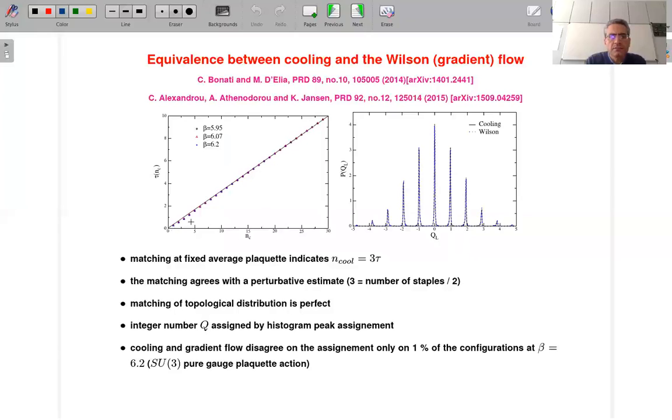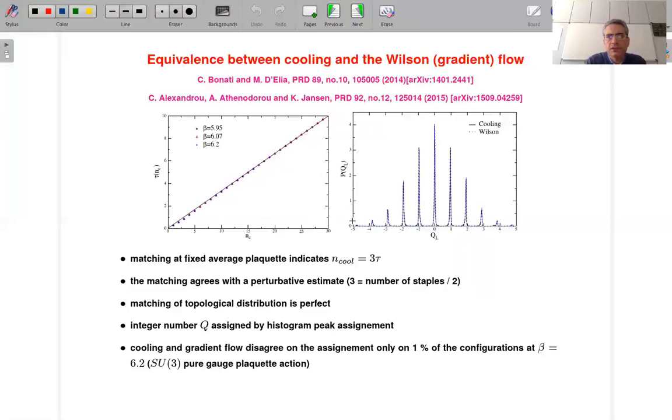First of all, you have to match how the number of cooling sweeps, the local minimization steps that you perform by cooling, correspond to the flow time in the gradient flow. And once you have done that, you can exactly compare.